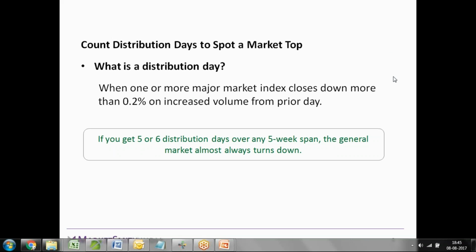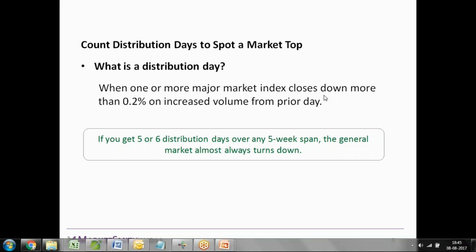So this is how we define distribution days. When the market is down by 0.2% or more, and the volume is higher than the prior day, that's what we call a distribution day. Why is there the specific term of distribution day? The meaning of it is that there is a broad distribution in the market. What that means is that overall in the market, people are selling shares.